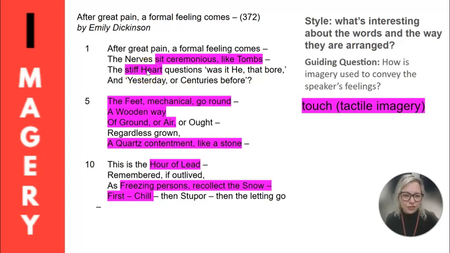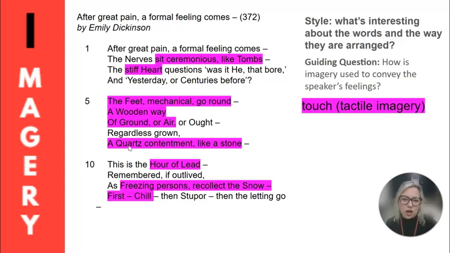You would not be moving, and you'd probably be sitting really upright. Stiff heart, you can feel stiff, that word in particular. How about wooden or ground or air? Those are tactile images that we can feel with our sense of touch. Quartz contentment, like a stone, you can feel the cold, smooth feeling of a stone.